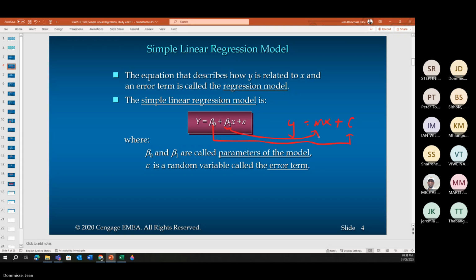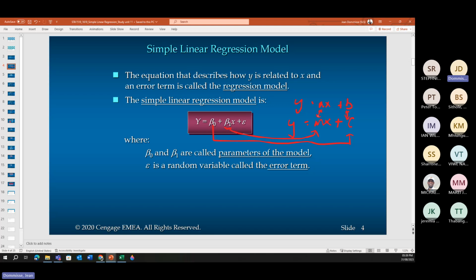Okay, so it might be that we see different types of formulas. In some of the textbooks and other study guides, you might even get something like this, where it is ax plus b, and a is basically now your slope, and b is the same as c. It will be your y-intercept.